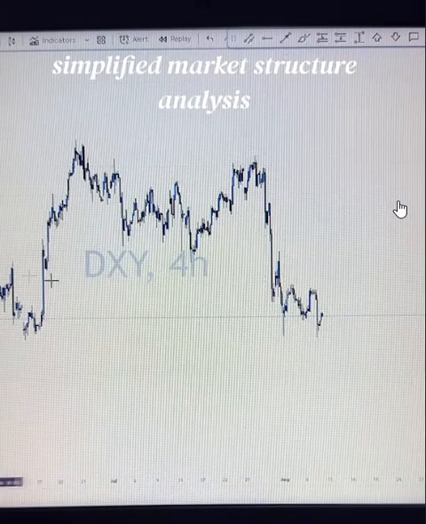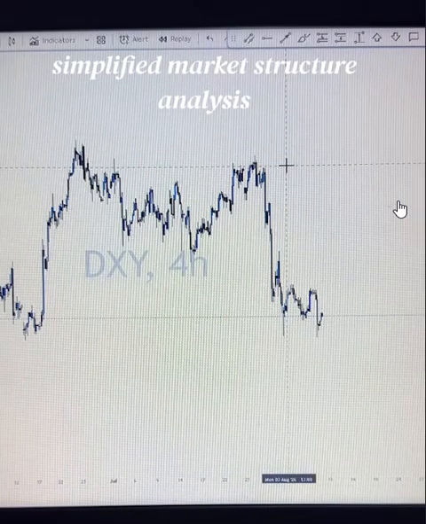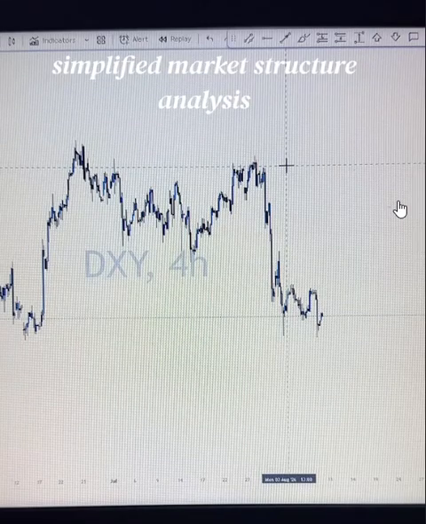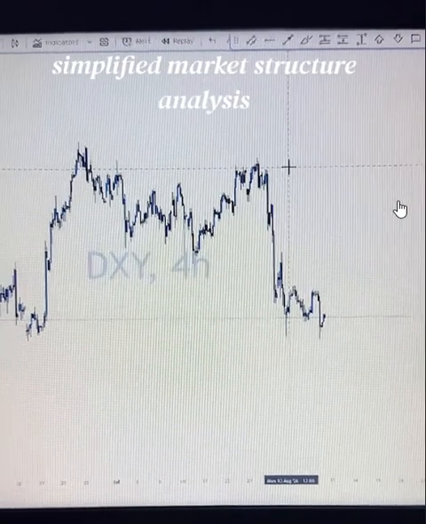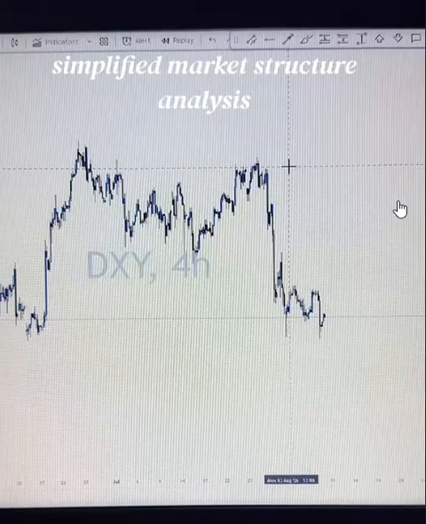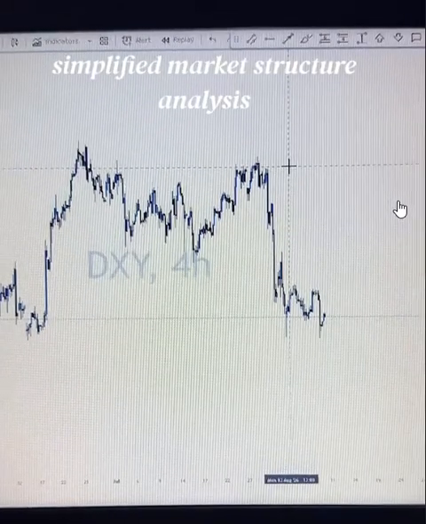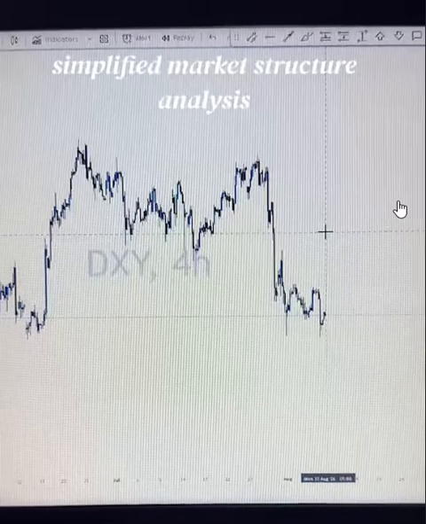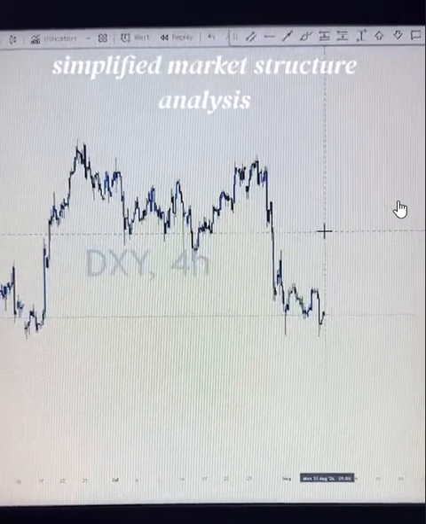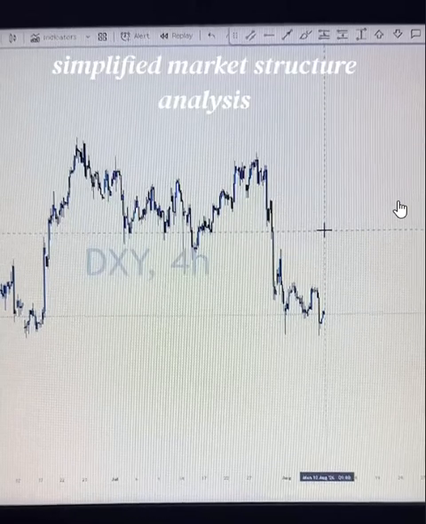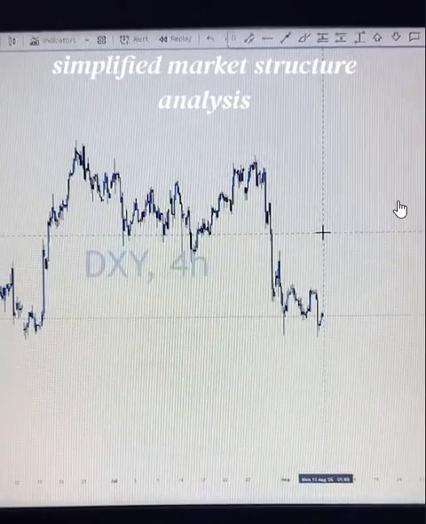Now, after clearing our chart, what do we do next? Anybody? Okay, someone said the market may reverse from the fair value gap before the low. Whether the market reverses or may not reverse, follow structure.